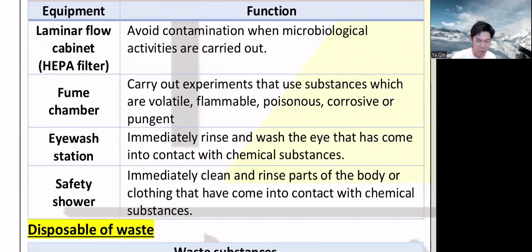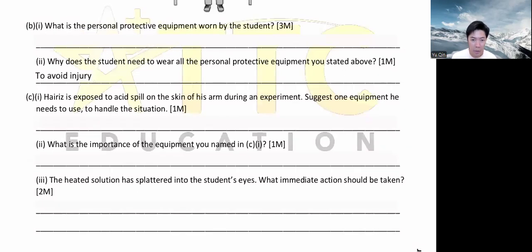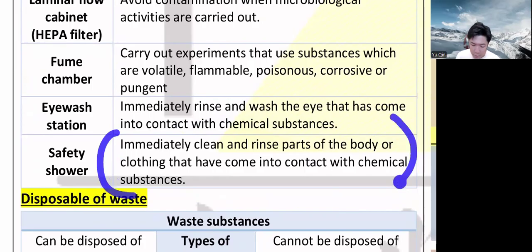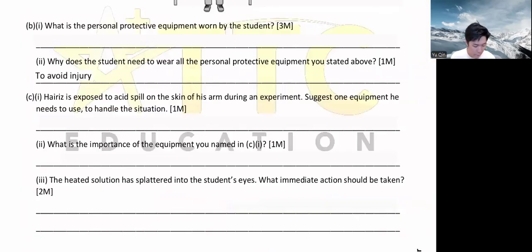So the next question is why you want to do this. Let me read again: the importance of the equipment that you mentioned. That means why you want to use it that way. I think we can copy this one: immediately clean and rinse the body parts or clothing that come in contact with the chemical substances. You copy it exactly, but change chemical substances to acid, because isn't that the question?